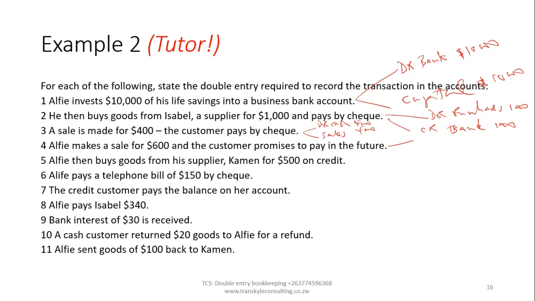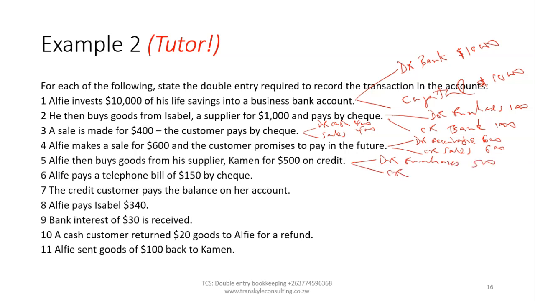So we debit receivable, because this is money we are going to receive in future, but not today, $600, and credit sales $600. You can see, ladies and gentlemen, that this is very simple, isn't it? Alfie then buys goods from his supplier for $500 on credit. So we are saying debit purchases 500.